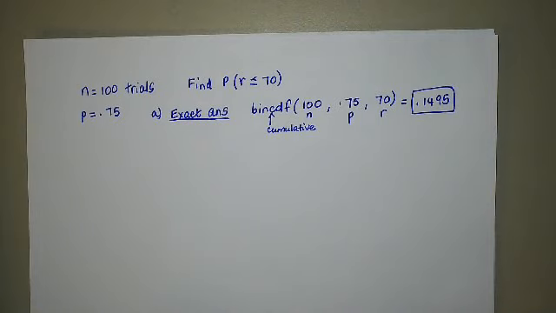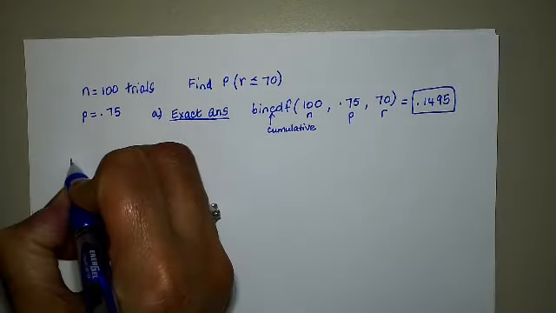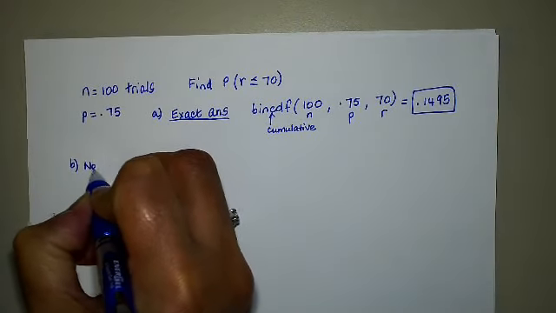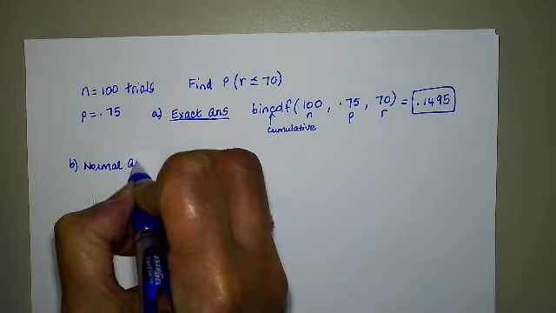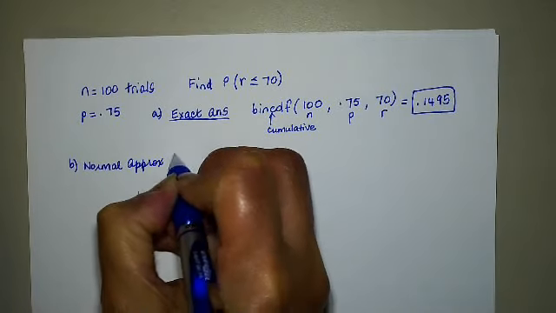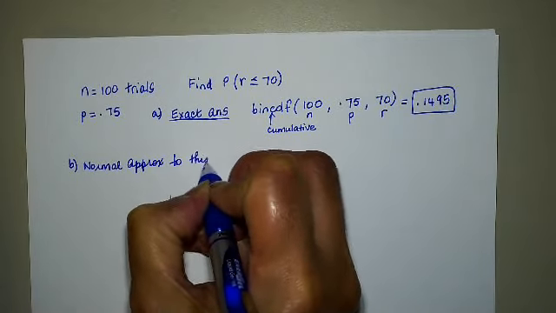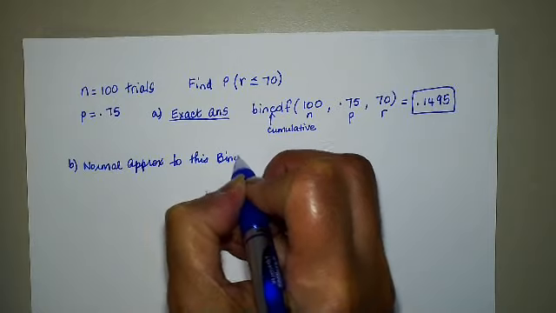So that's your exact answer. Now I want to approximate it with a normal curve. Okay? So B, normal approximation to this binomial.